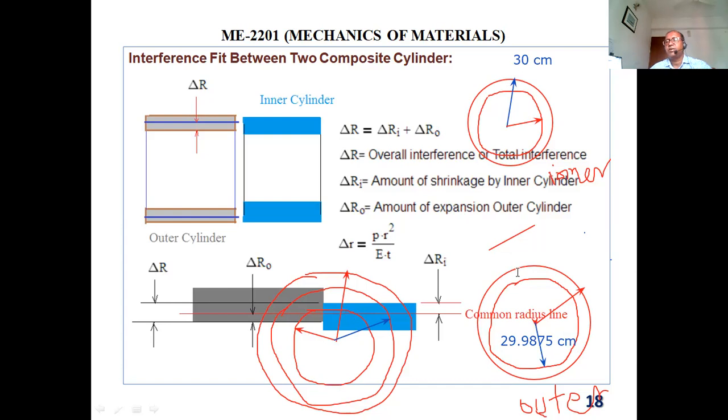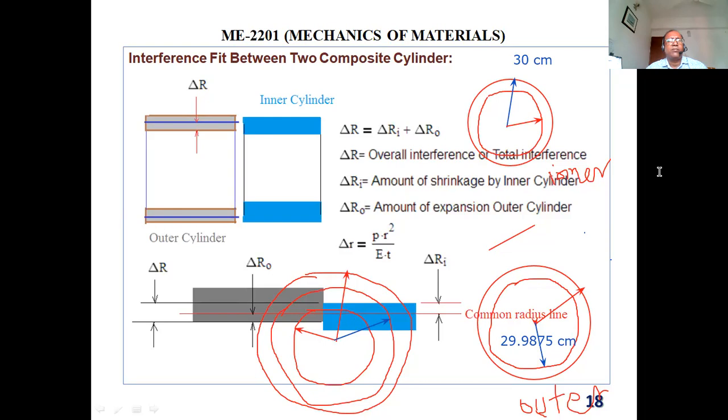So you cannot put it in easily. You can bring the smaller one to the mouth of the bigger one and hammer it a little bit, then it might go inside. But if you do hammering, there is a possibility of developing a crack in the wall.